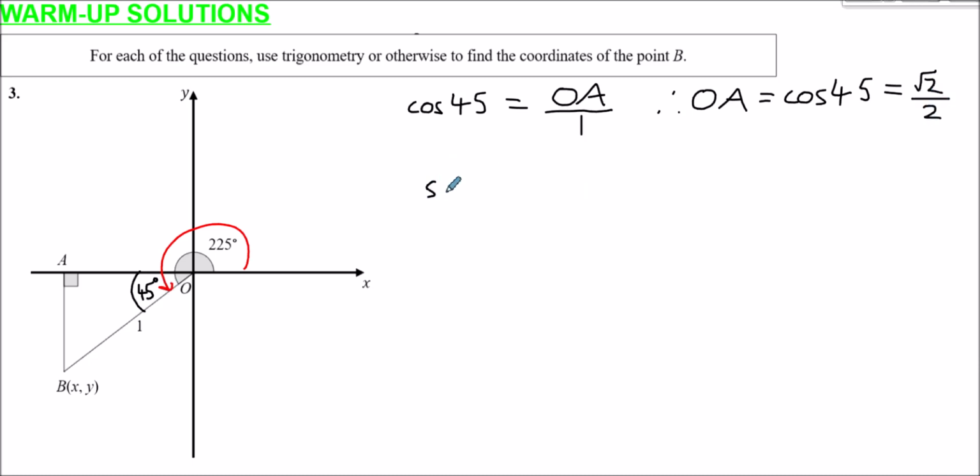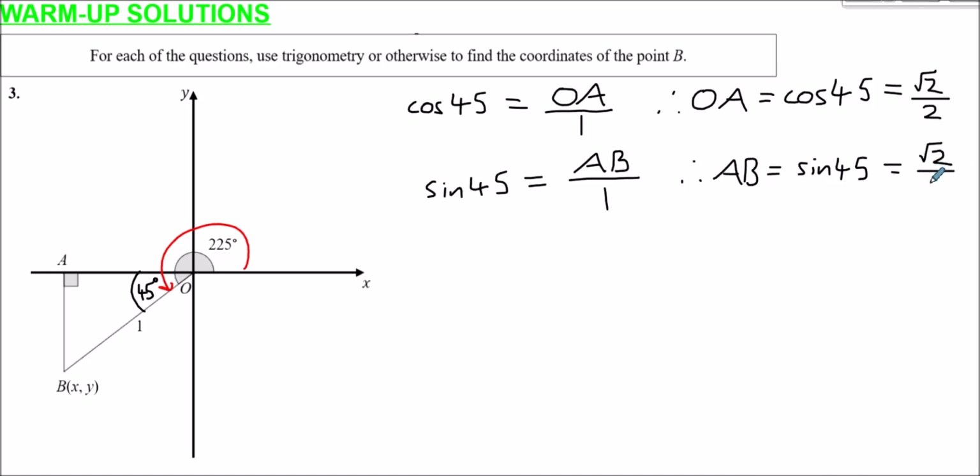In the same way, sine 45 is going to be the opposite side, which is AB, divided by the hypotenuse, which again is 1. So therefore, AB is simply sine 45, which again is going to be root 2 over 2. Use your calculators to see that for yourself if you doubt it.